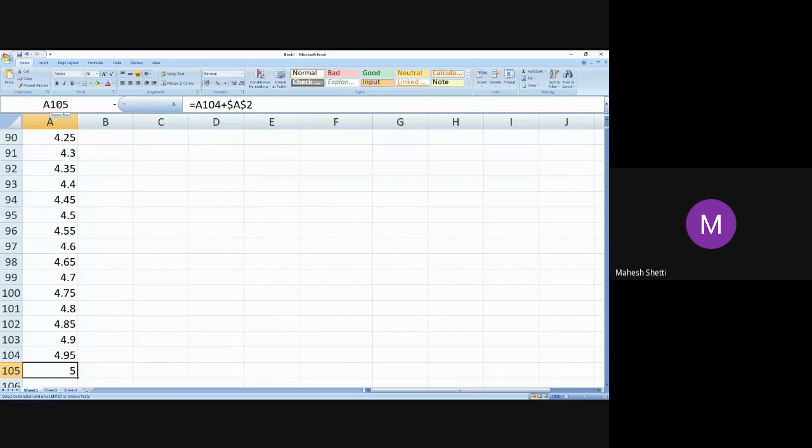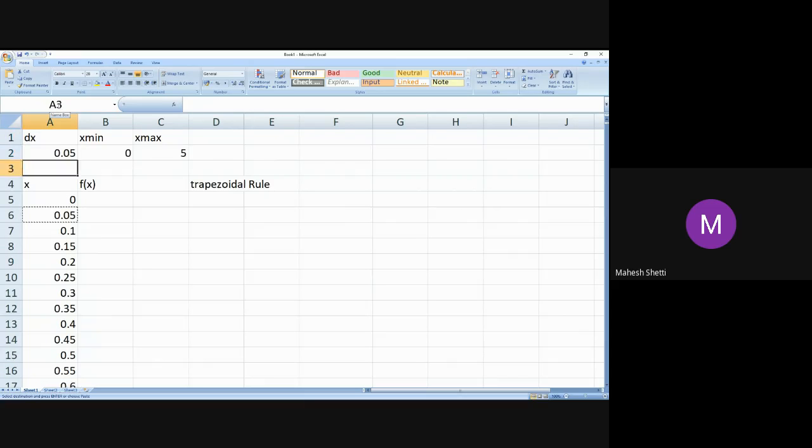I applied that, and for a quick verification, I press Control down arrow to go to the last cell and see, yes, the upper limit I have got correctly. It is always a useful practice that whenever you are doing calculation, quickly check whatever you expect, at least that is happening. The final answer could be a different case, but here at least you know that I want from 0 to 5. So that is happening.